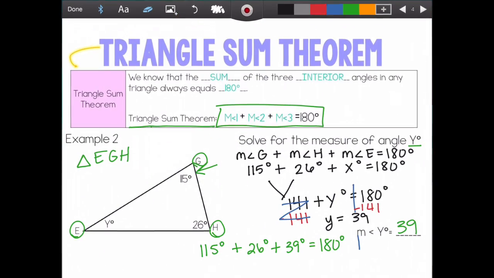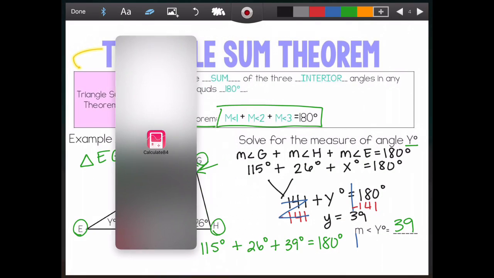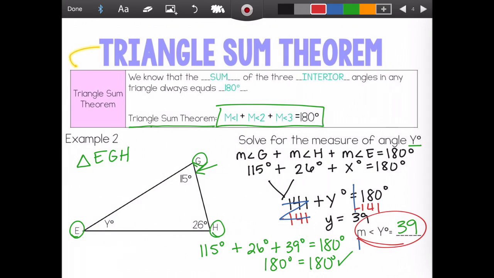Opening my calculator, 115 plus 26 plus 39, I get 180 degrees. Yes, that equals 180 degrees, so my solution is correct, and the measure of y, or the measure of angle E, is 39 degrees.